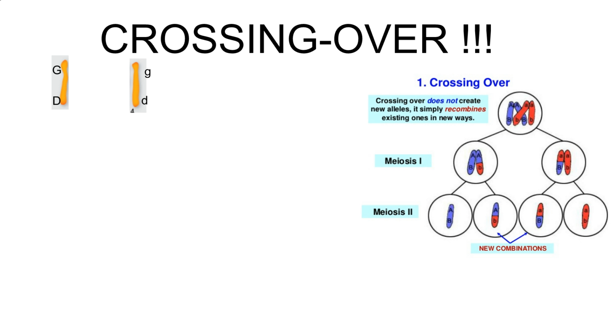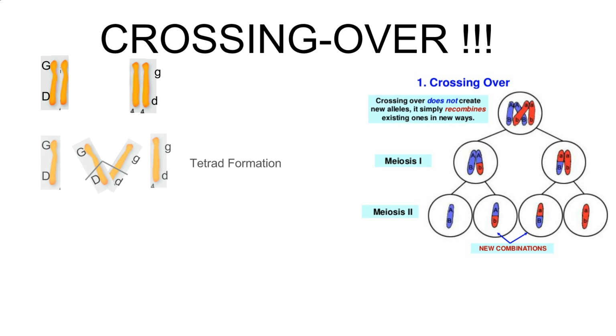They're linked, right? But now don't forget, we've got sister chromatids. And those sister chromatids in the process of meiosis, during meiosis 1, at metaphase, the homologous chromosomes form tetrads. And in that tetrad formation, you can have swapping of crossing over of pieces of chromosomes.